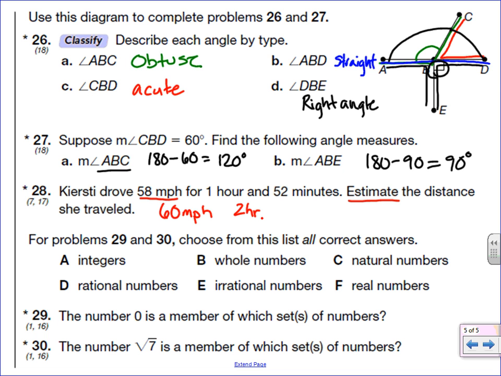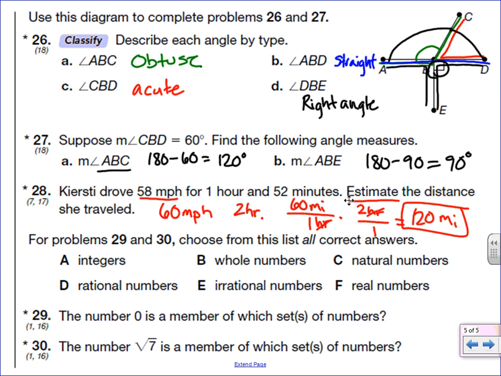So if I write that out, I have 60 miles per 1 hour, and then times 2 hours, with hours on top so that it cancels. So 60 times 2 is 120 miles.